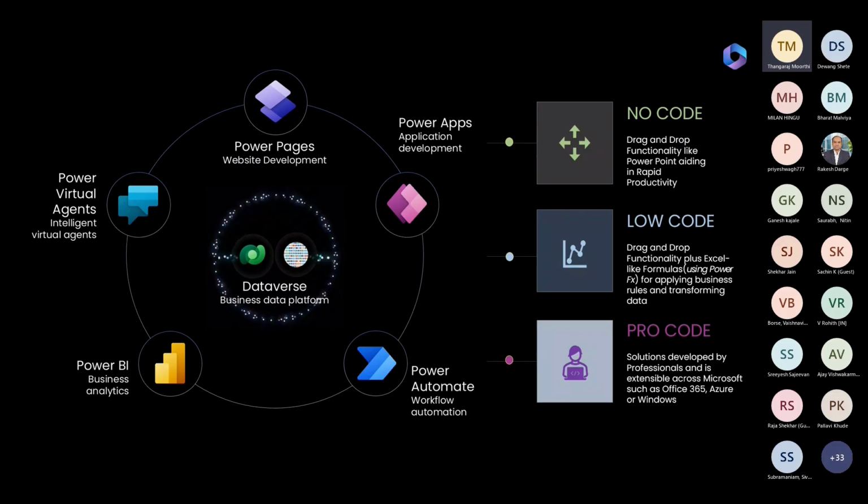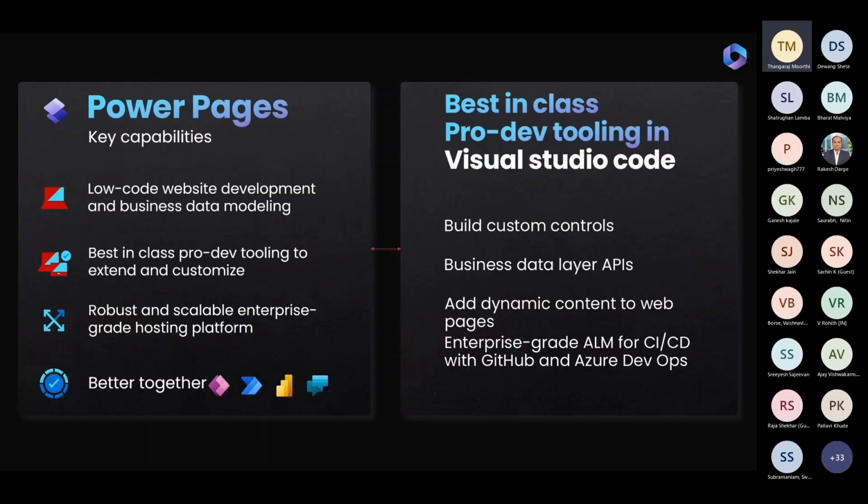Power Pages is actually the newly added vertical into the Power Platform umbrella. Let's take a quick look at some of the capabilities. It's used for low-code website development. It's got some of the best pro dev tooling to extend and customize. It's also robust and scalable as an enterprise-grade hosting platform.